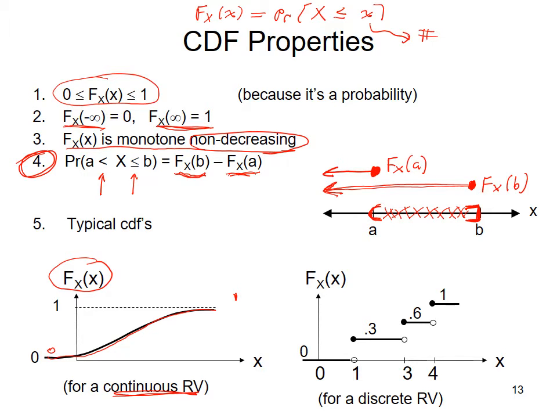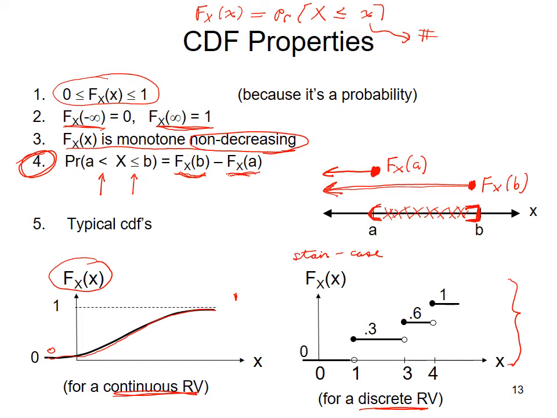The next sketch is a typical CDF for a discrete random variable. Remember, we said they will always be of a staircase nature if the random variable is discrete. This particular random variable only takes values 1, 3, and 4, because that's the only place you see jumps in the staircase function.